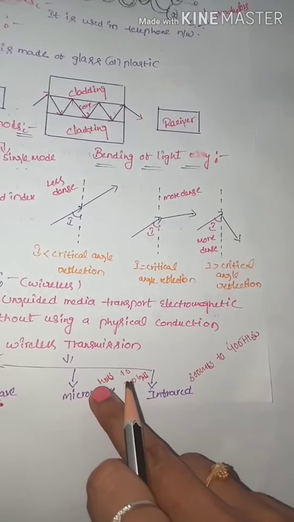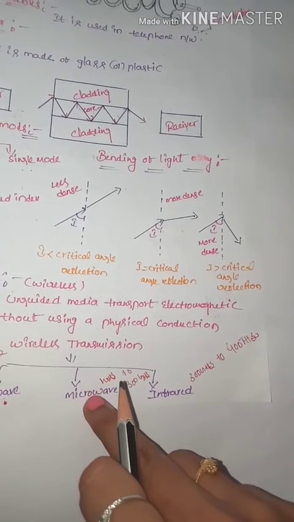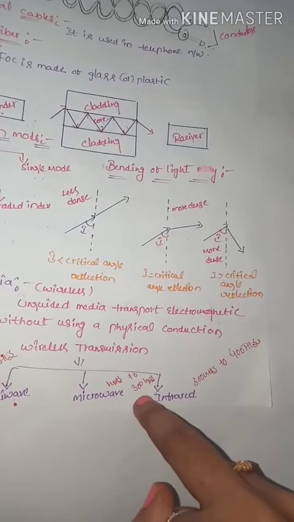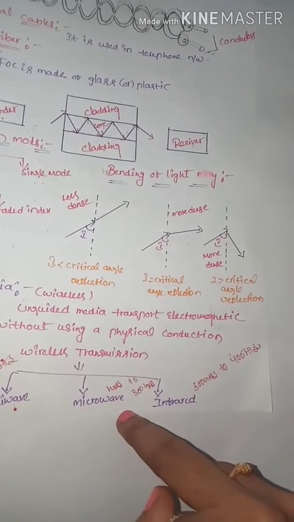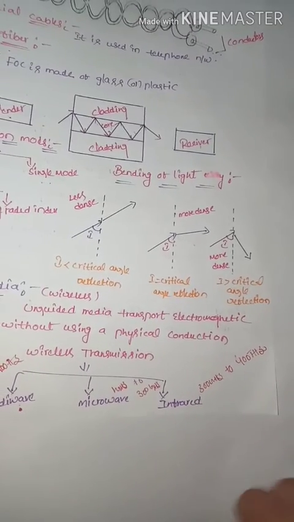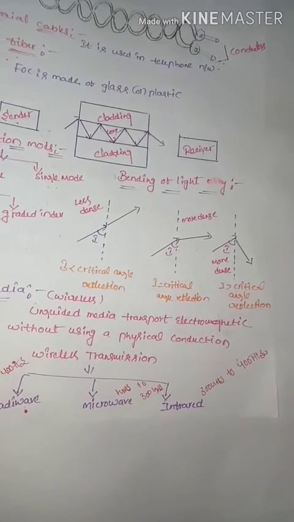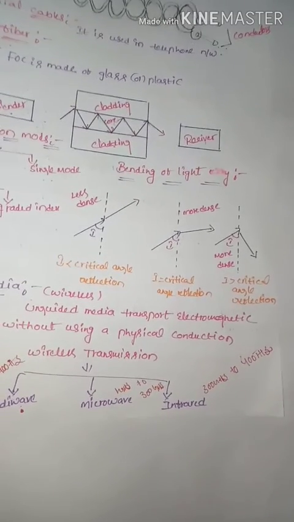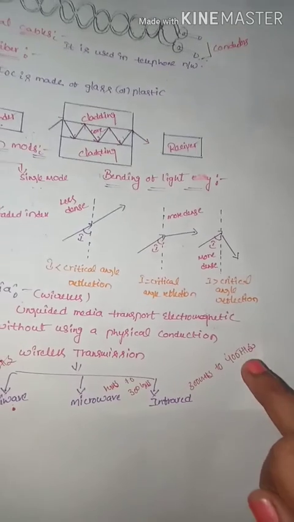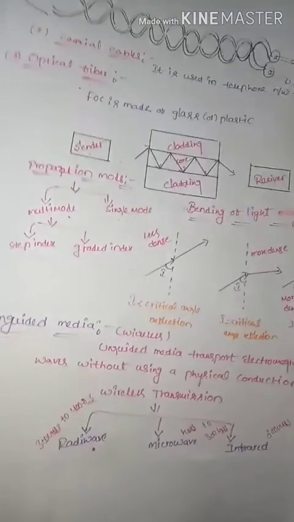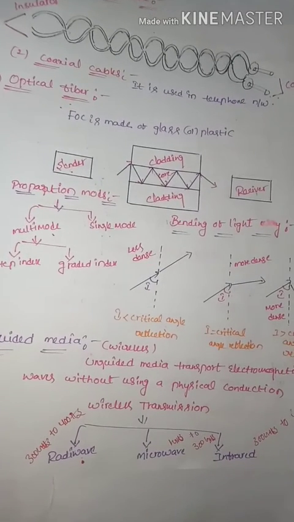Electromagnetic waves with frequencies between 1 gigahertz and 300 gigahertz are called microwaves. Infrared rays are electromagnetic waves with frequencies between 300 gigahertz and 400 terahertz. This is all about the transmission media in communication.